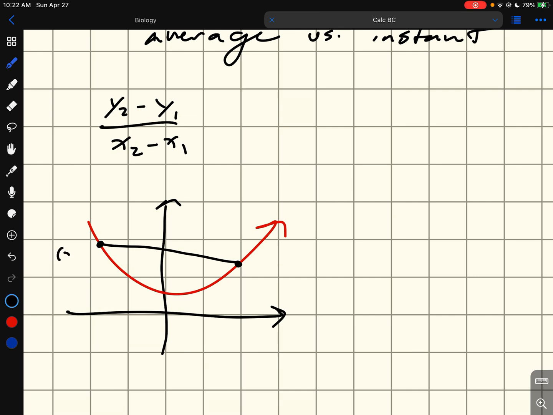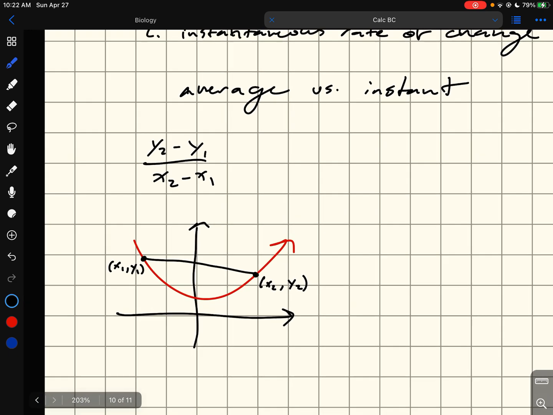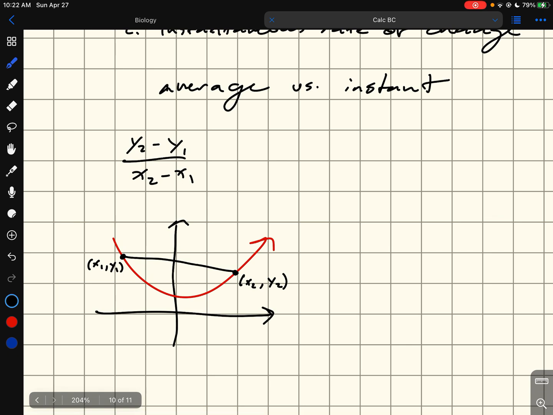So this point could be x1, y1, and this point could be x2, y2. And the slope is the slope of the line in between them. So this line right here. And that's average because it's over this period of distance.